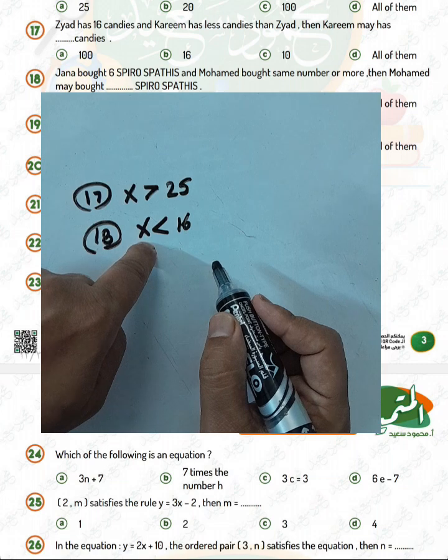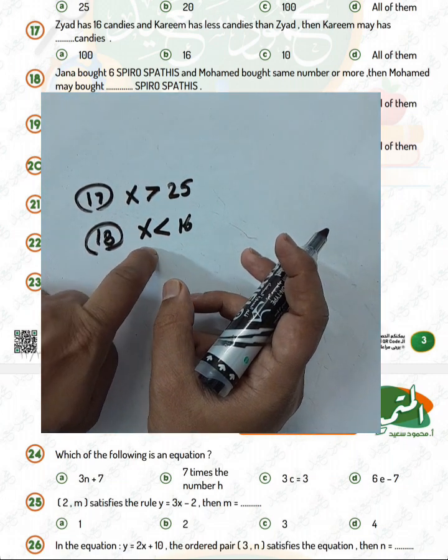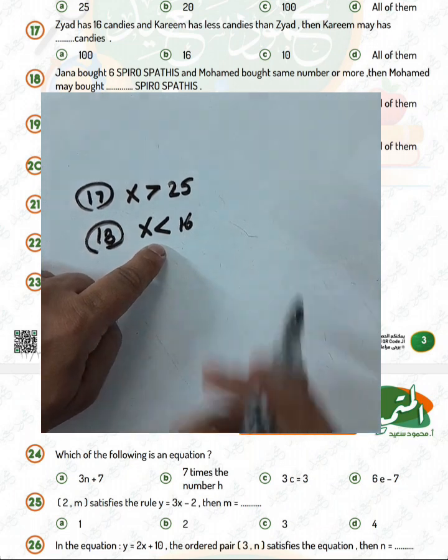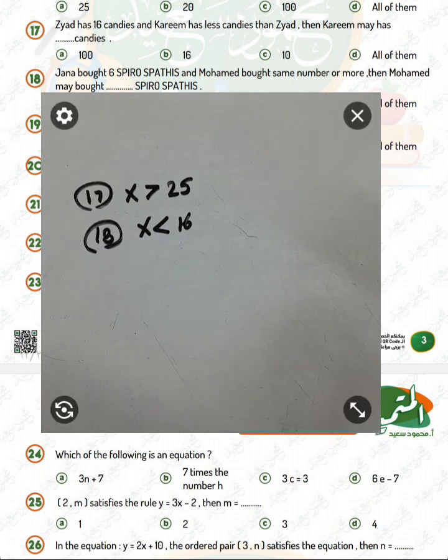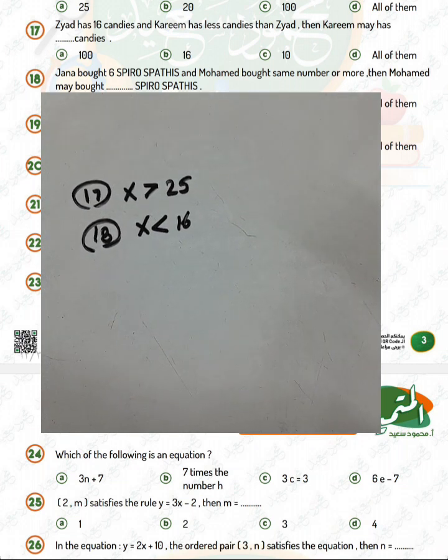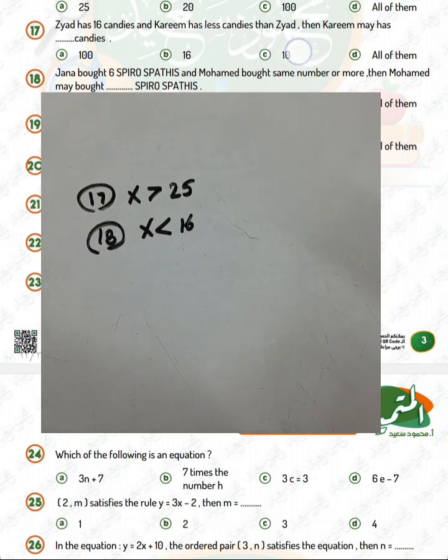I want to find how many candies Karim has now. x less than 16, where x refers to all the candies with Karim. Which number here is less than 16? 10. So Karim may have 10 candies, because Ziad has 16 candies and Karim has fewer candies than Ziad.